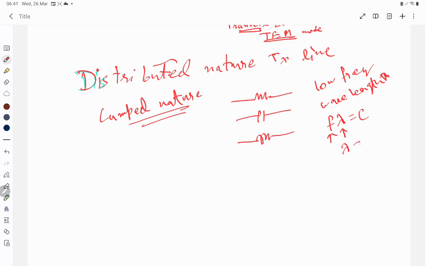So if your frequency goes low, it means your lambda, or wavelength, of the signal goes high.